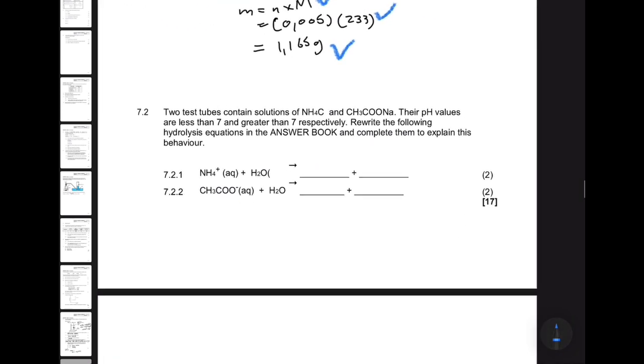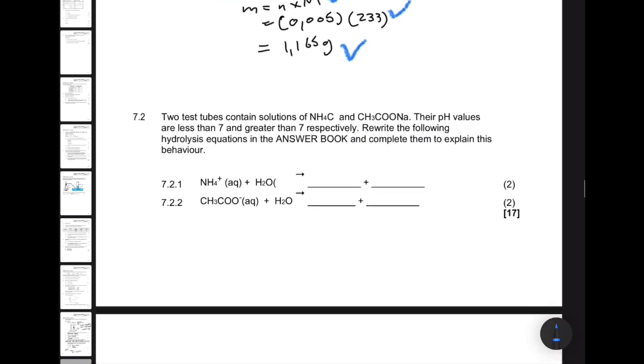And then 7.2 says two test tubes contain solutions of NH4+ and CH3COONa. Their pH values are less than 7 and greater than 7 respectively. Rewrite the following hydrolysis equations in the answer book and complete them to explain this behavior.